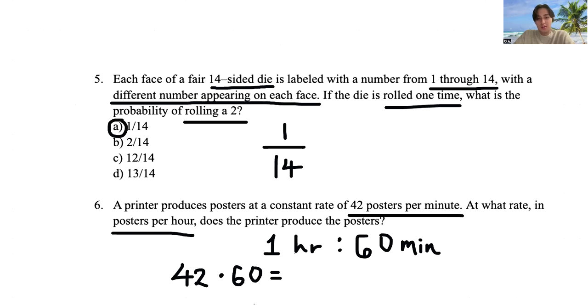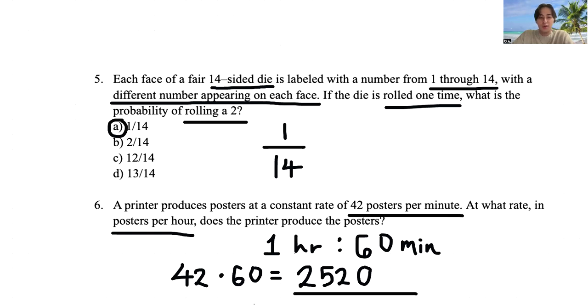You can just plug that into your calculator, and your answer will be 2,520. And that's your final answer.